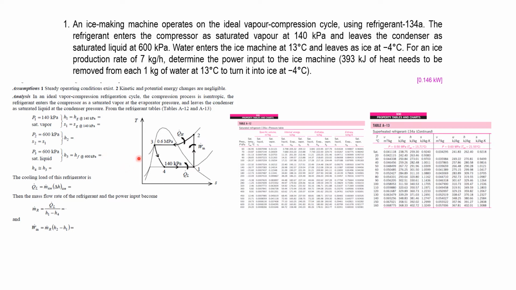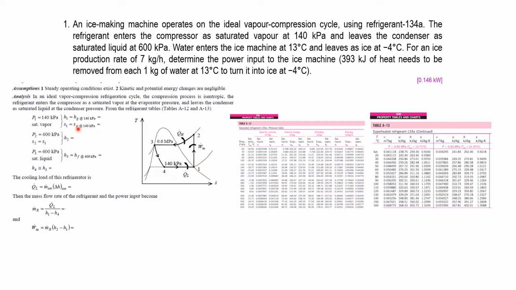So just jot it down here. And then we know that throttling from 3 to 4, we can approximate the enthalpy at 4 to be almost identical to the enthalpy at H3. So this value is similar to this. All right, so that is how you obtain all the enthalpy values for points 1, 2, 3 and 4.